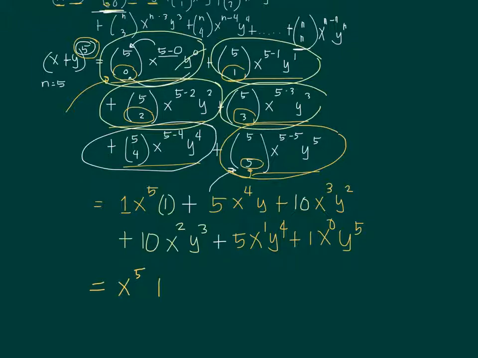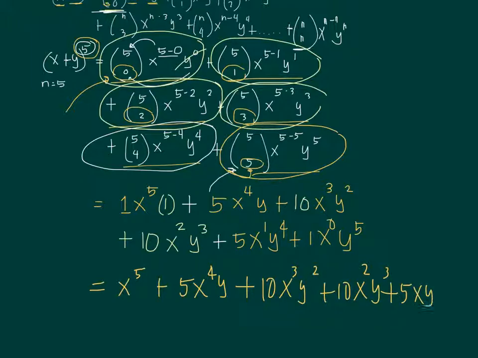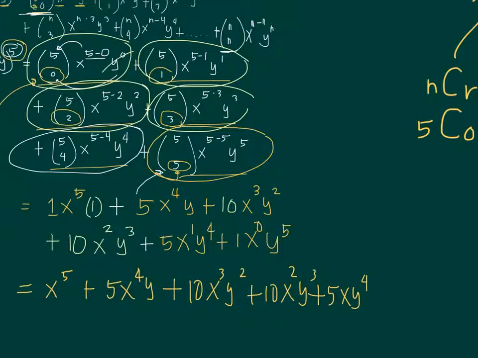And then plus, we just copy 5x to the 4th y, we copy 10x cubed y squared, we copy 10x squared y cubed, and then plus 5x y to the 4th. And finally, we have 1 times x to the 0. x to the 0 is basically 1. So the last term should be plus y to the 5th.